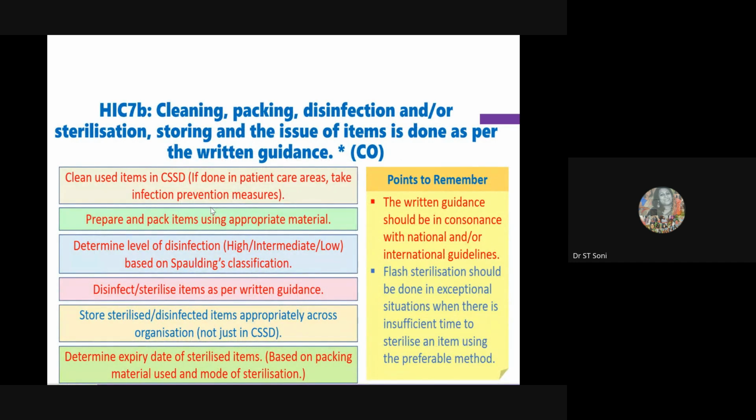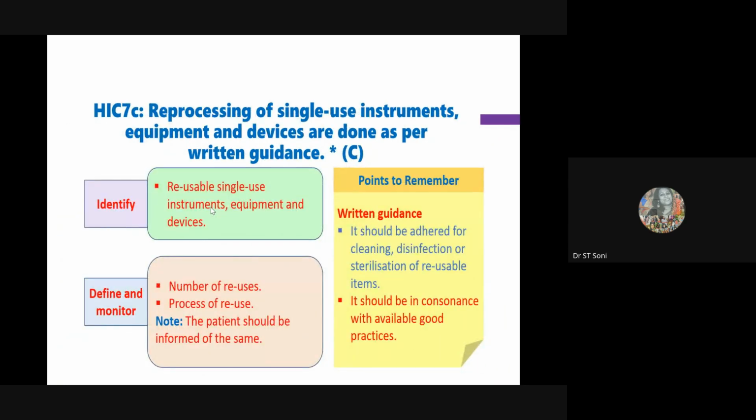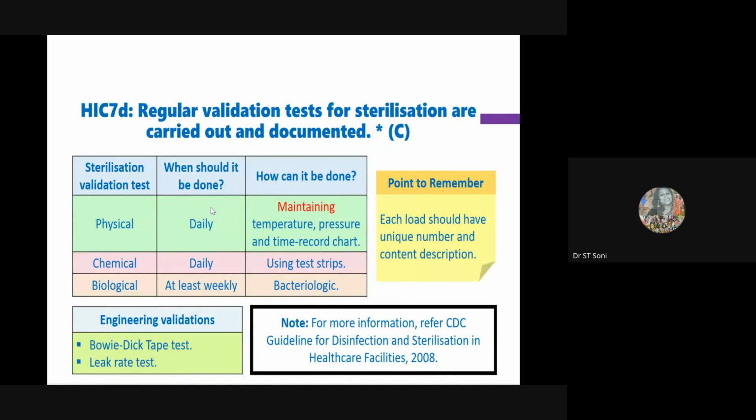So in the CSSD, these all procedures are followed. And then packing of the equipment. Most important is monitoring of it, monitoring of the validation and monitoring of the CSSD activity. So daily you need to monitor the temperature, pressure and the time, also the chemical strip monitoring, and at least weekly the bacteriological monitoring, all the biological indicators.